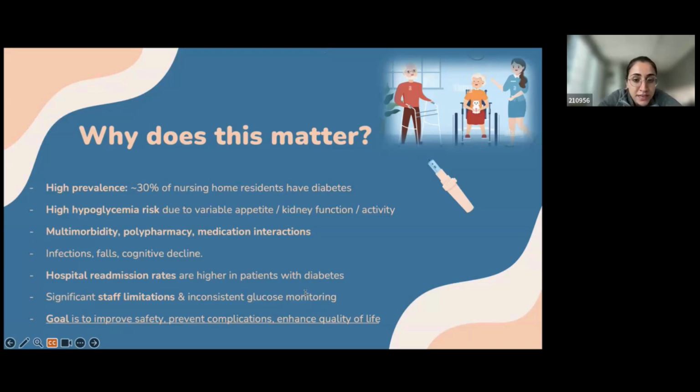And then further complicating care is staffing limitations and inconsistent glucose monitoring, which makes it even harder to maintain stable blood glucose levels. So ultimately, our goal is clear. We want to improve safety, we want to prevent complications, and we want to enhance the quality of life of our residents.